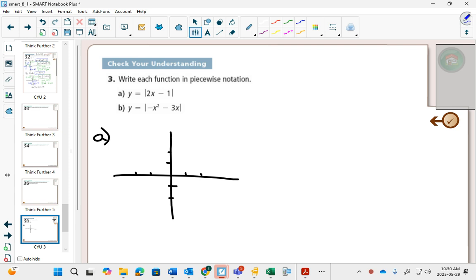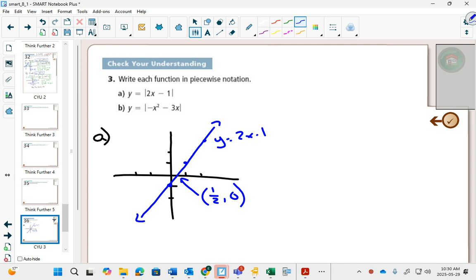I'll do that in blue. We would have a y-intercept of minus 1, slope of 2. And most importantly, our x-intercept here is at 0.5, comma 0. When you plug in 0.5 for x, you get 0.